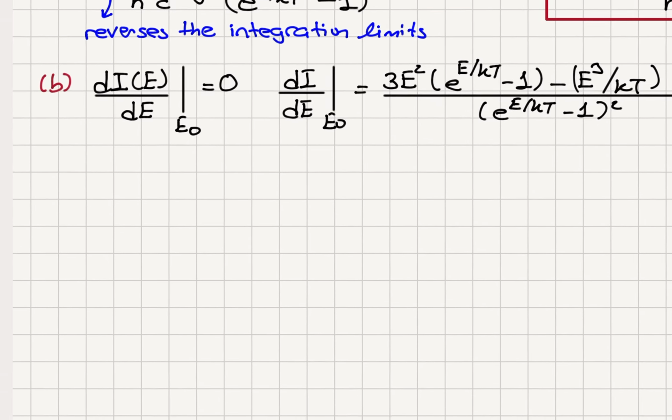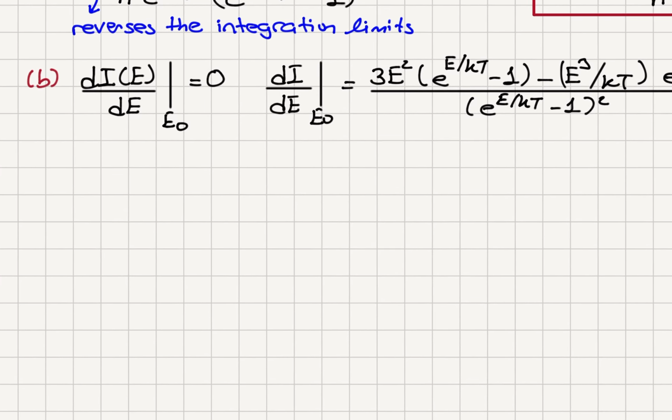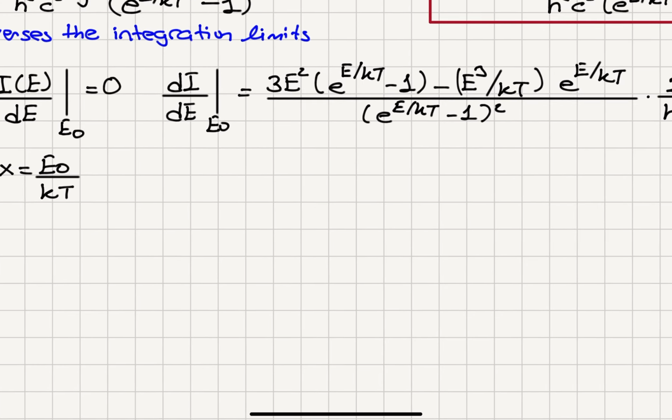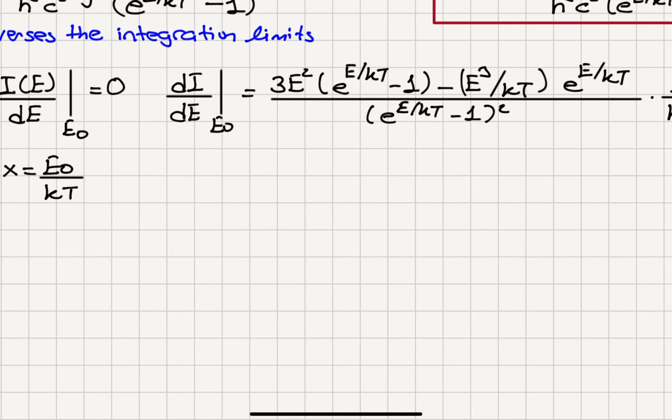So let's define x to be E0 divided by kT. Okay, so here we will have 3E0 squared, so E0 is xkT. So this is going to be 3 kT squared x squared.